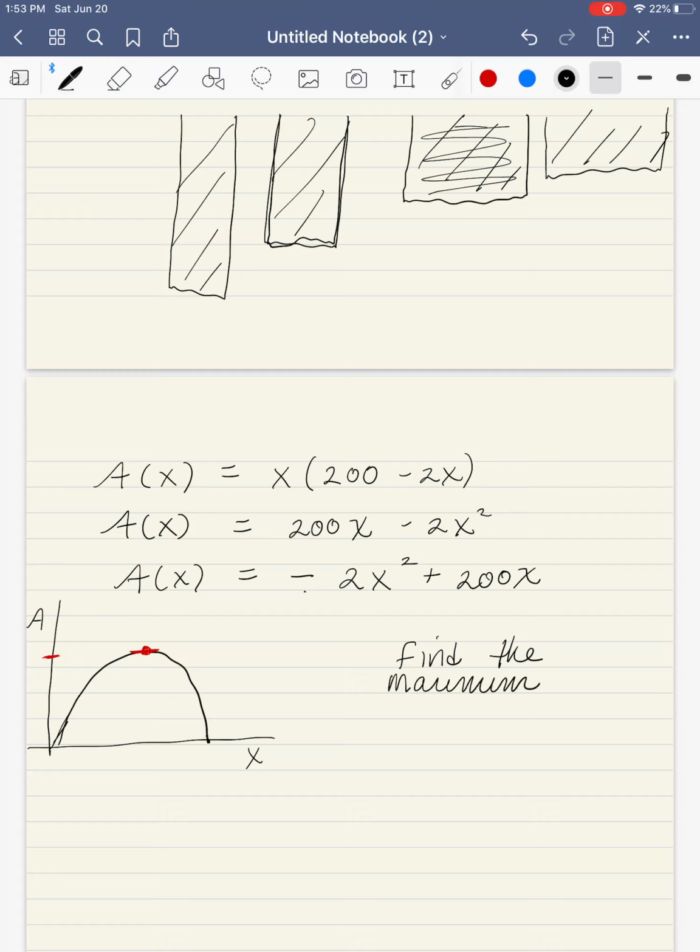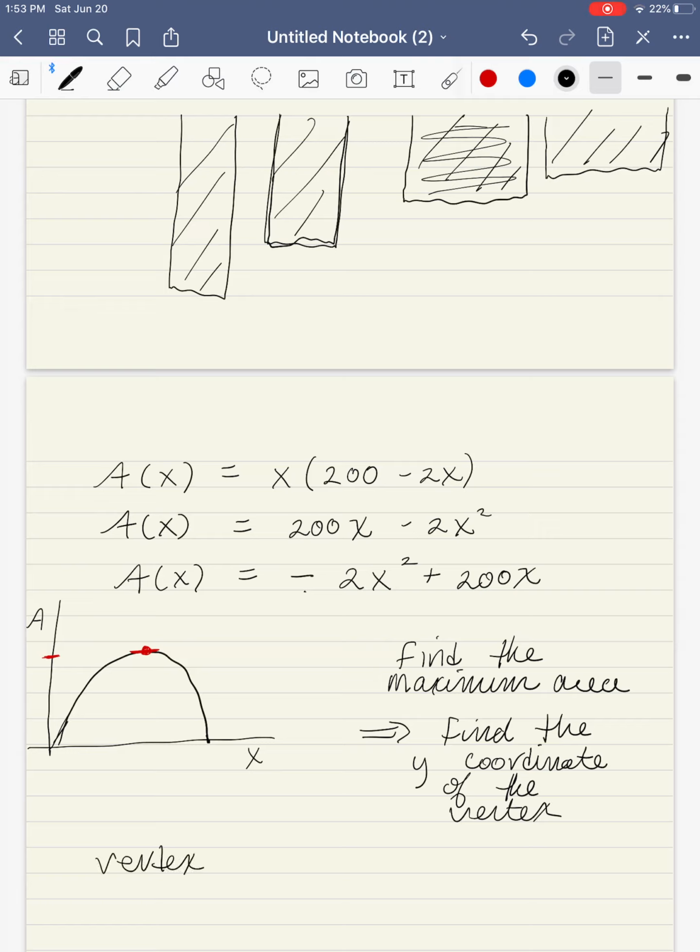So when it says find the maximum area, that is literally saying find the y-coordinate of the vertex, which means that we're going to use our vertex formula, negative b over 2a.